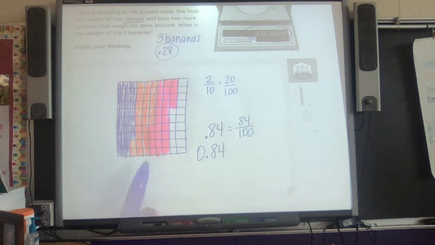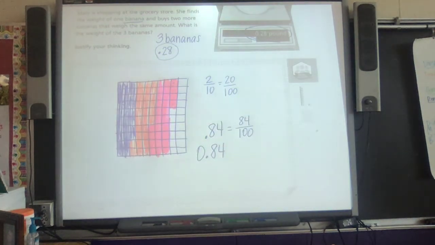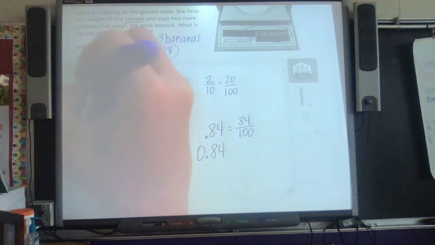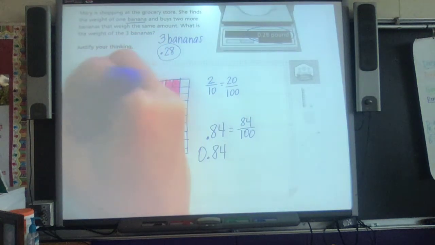Normally we wouldn't draw all this out to show it, but again, like we've been discussing so far this year, there are times where we need to recognize what that would look like. So this is one way that we could represent 28 hundredths times 3. And I always like to check by multiplying, so let's try that. 28 hundredths times 3.